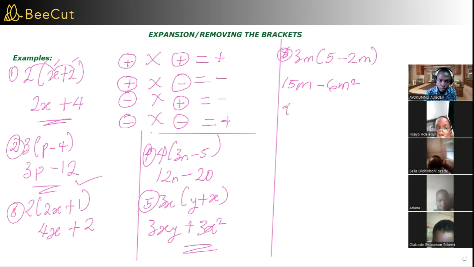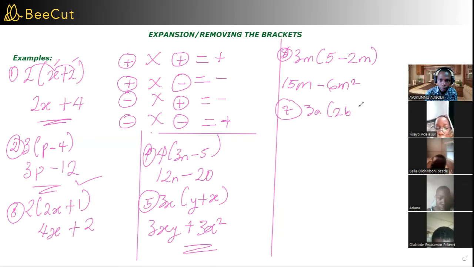Now the next one is number 7. Look at number 7 question. I have here 3a into 2b plus 1.